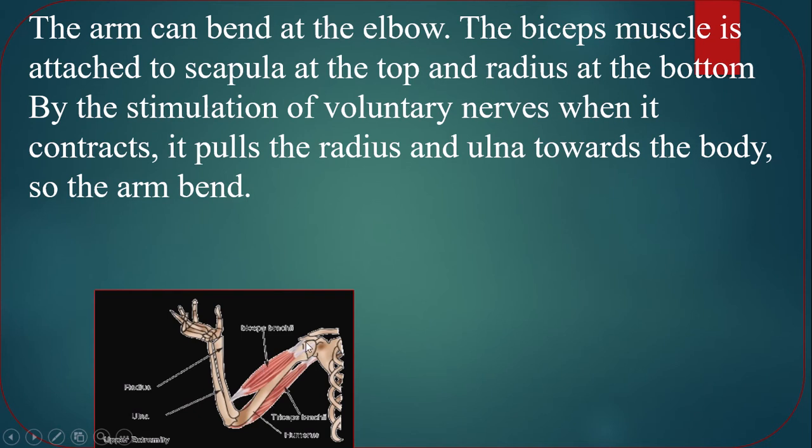By the stimulation of voluntary nerves, when it contracts, it pulls the radius and ulna towards the body. So the arm bends. That means when the biceps muscle contracts, the hand will bend and come near our body.